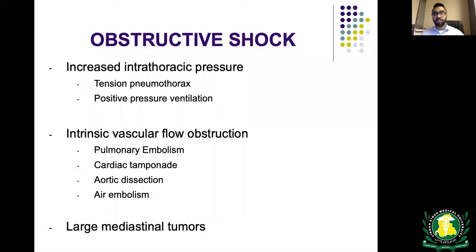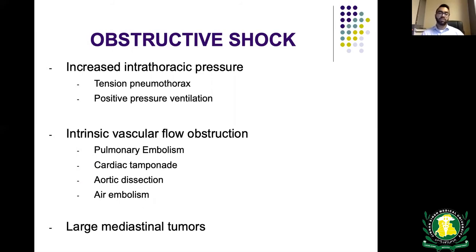Two common causes are tension pneumothorax and positive pressure ventilation with very high PEEP settings and pressure support setting, because both of them will reduce the venous return to the right heart. And as that happens, the right heart output will significantly reduce. Your left heart is dependent on that, and this whole phenomenon will reduce the cardiac output.